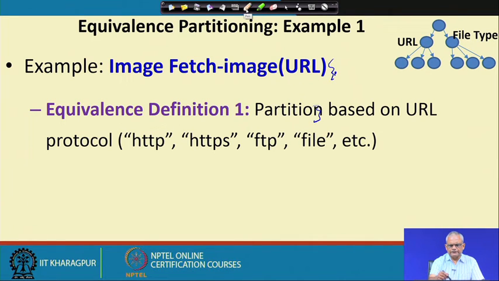So, that I have written here. This is the set of valid data, and based on the URL specified, we can have some equivalence classes like HTTP, FTP, file, HTTPS, etc. But again, the specific URL may point to different types of images.